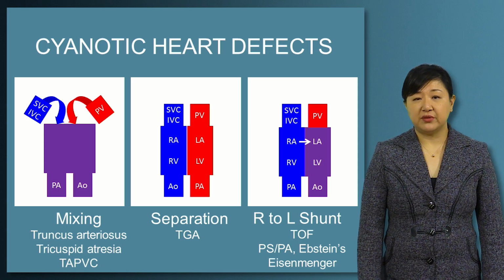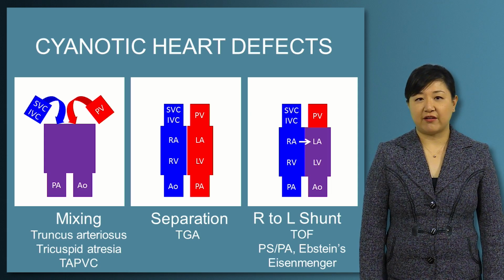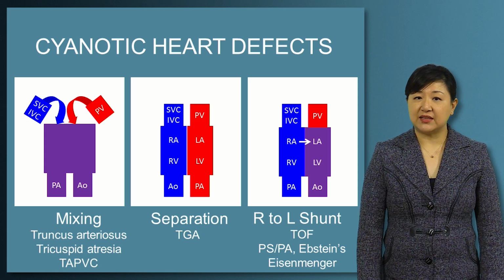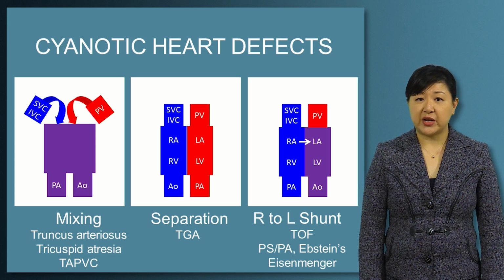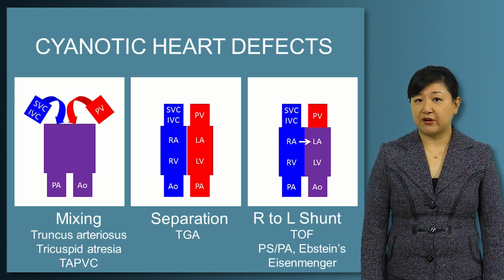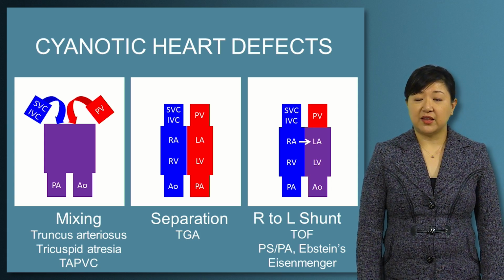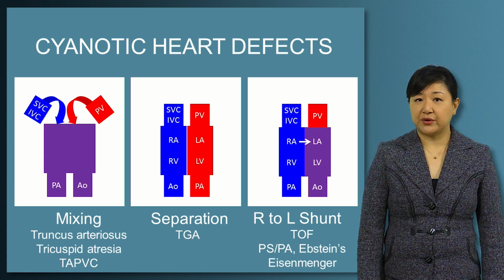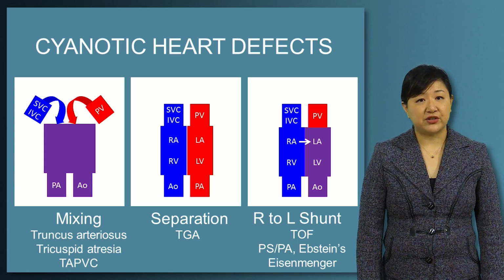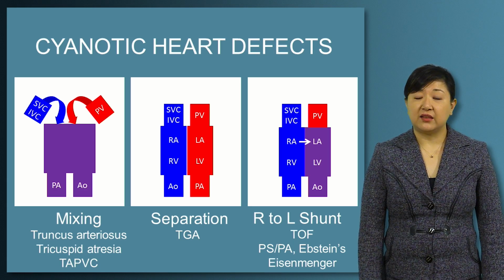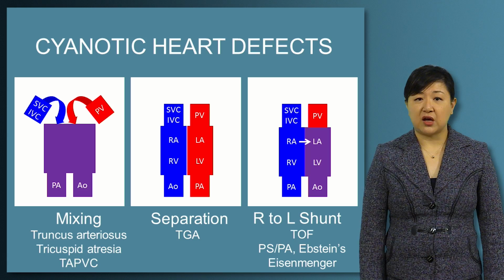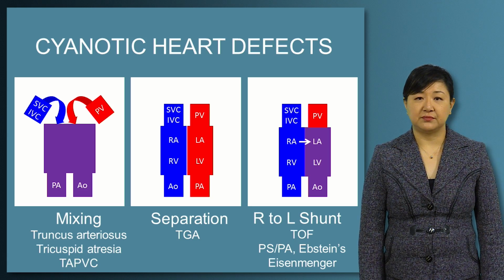So we have reviewed the various mechanisms of cyanotic heart defects. You can have mixing lesions where deoxygenated blood from the body and fully oxygenated blood from the lungs mix inside the heart. This can occur at the level of the great arteries, such as truncus arteriosus, at the level of the ventricles, such as tricuspid atresia and other single ventricles, and at the level of the atria, such as total anomalous pulmonary venous connection.